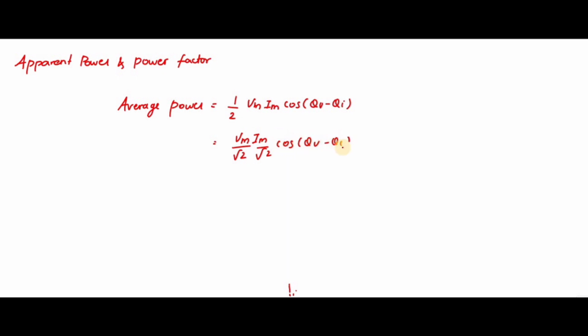So, in the previous video, we have discussed what is average power. Average power is equal to 1 by 2 into Vm Im cos(del V minus del I). I can write this as Vm Im divided by root 2 into root 2 cos(del V minus del I).